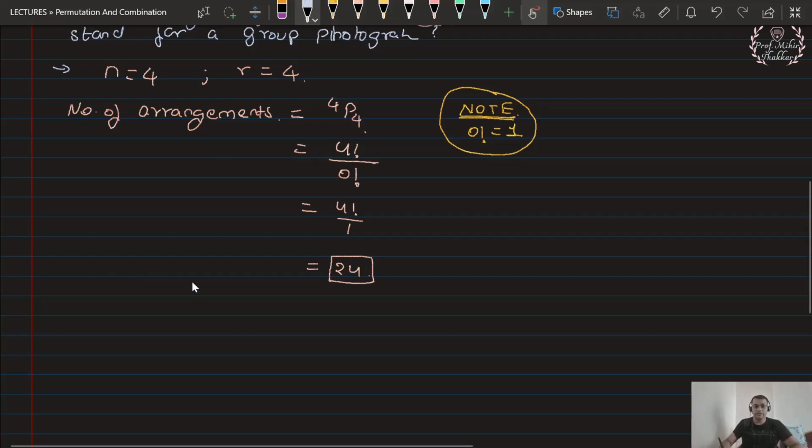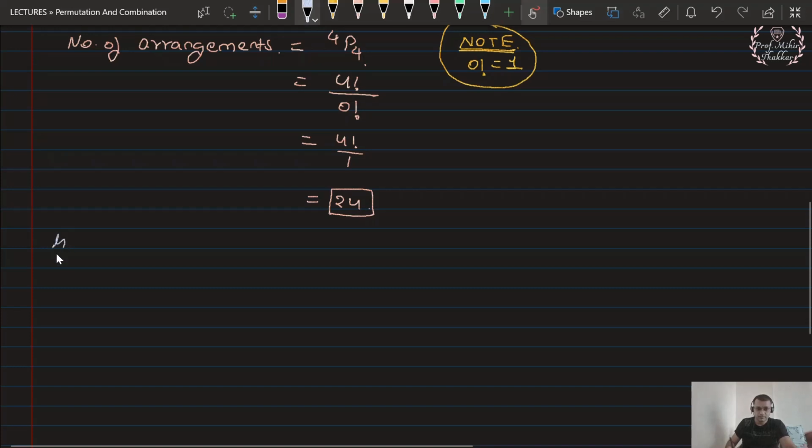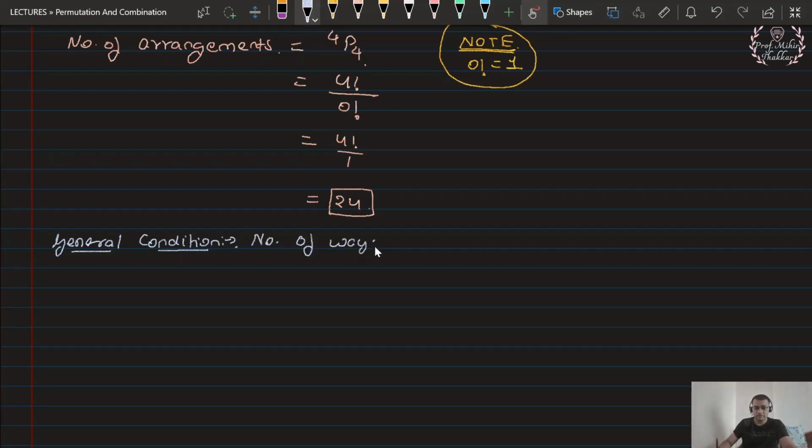Now I'll give you a general condition for this. See, the general condition is like this: number of ways of arranging n objects among themselves.